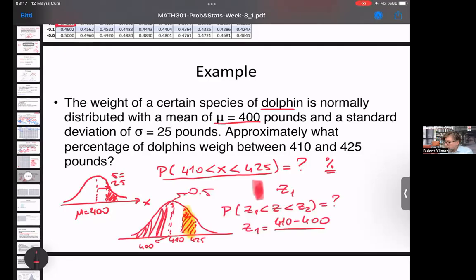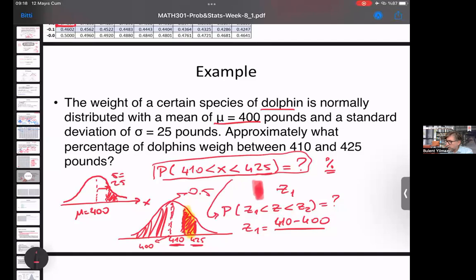Reminding me. Okay, so I have a distribution like this. 400 is my mu, and I want you to find out this area, which is the probability of obtaining a dolphin having a weight greater than 410 and less than 425. So this is my probability. And now I'm going to convert everything into Z, okay?